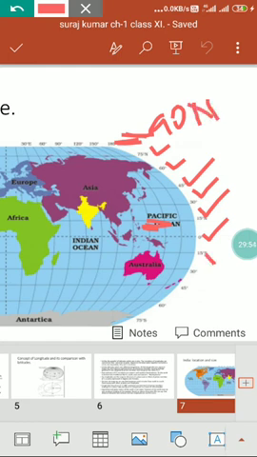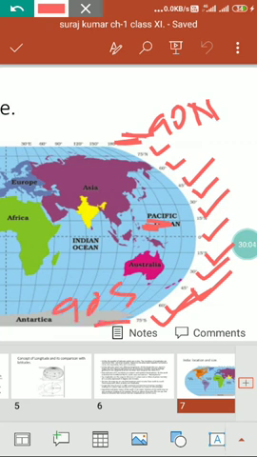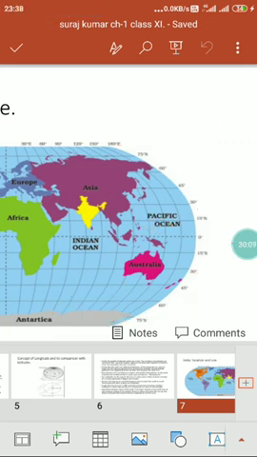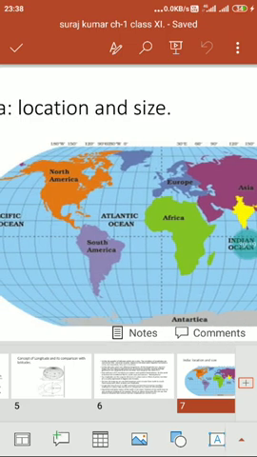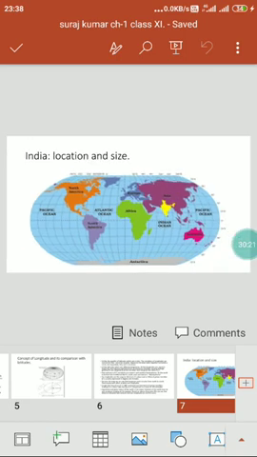Same way, 15 degrees south, 30 degrees south, 45 degrees south, 60 degrees south, 75 degrees south, and this point is 90 south. So in total 90 plus 90, approximately 180 latitudes. So 360 longitudes and 180 latitudes roughly cover the entire world, and this is the exact location of India.